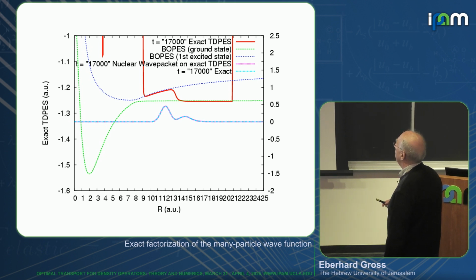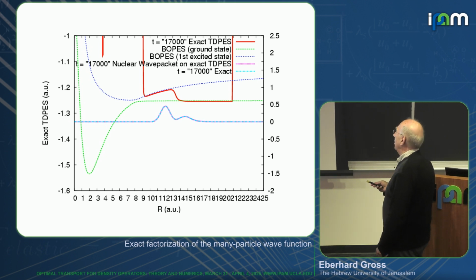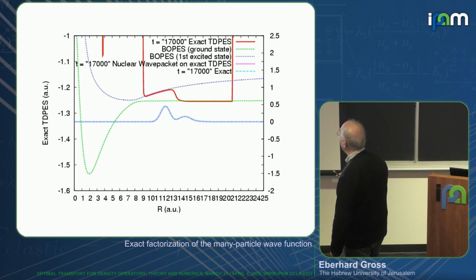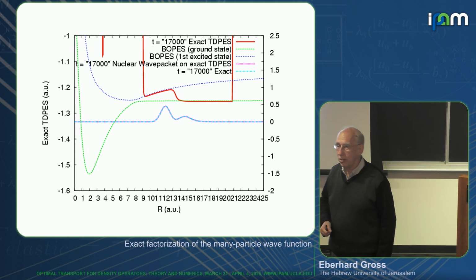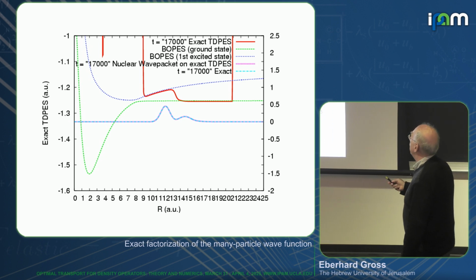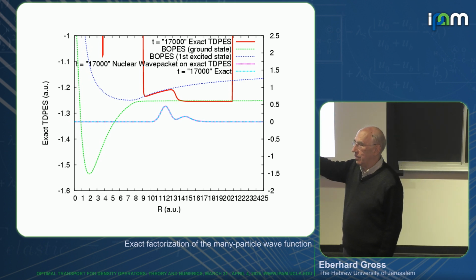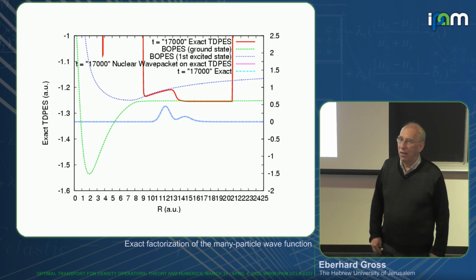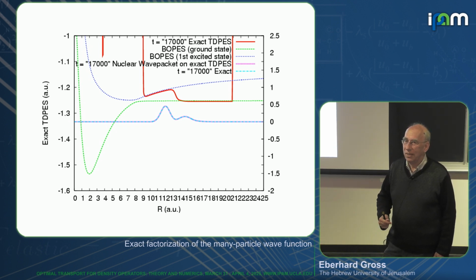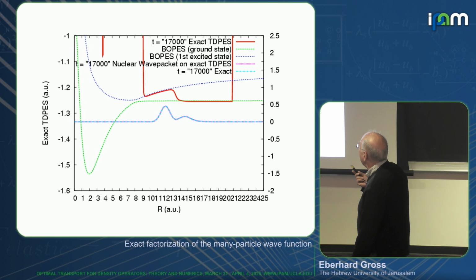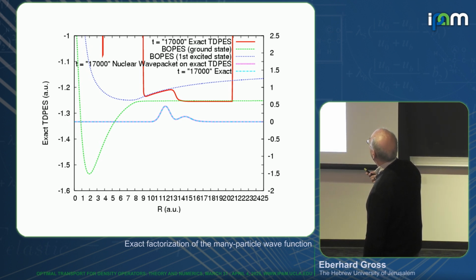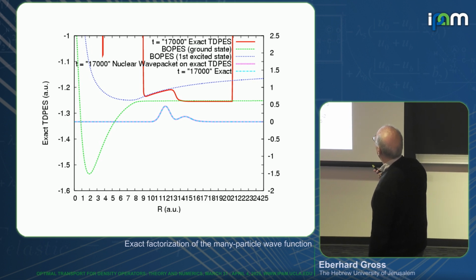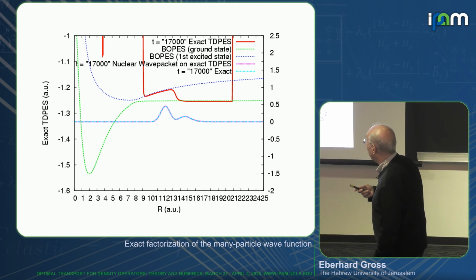And one can actually prove that when the overlap of these two split-off parts of the nuclear wave packet becomes exponentially small, then this step here becomes infinitely steep. Now, what does this tell us? It's clear that the gradient, roughly speaking, of this exact surface would be the exact force.